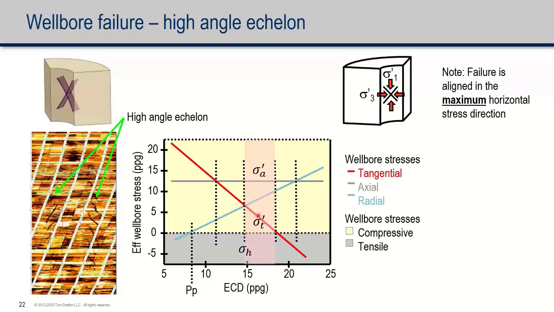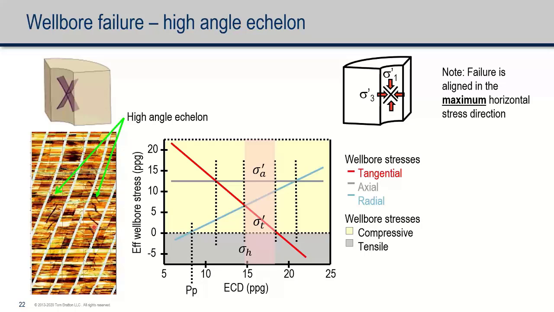If we go into this regime, now the axial load is maximum, but the tangential is the minimum. And so sigma 1 is vertical, sigma 3 is tangential, and you end up with these en echelon cracks in the image.